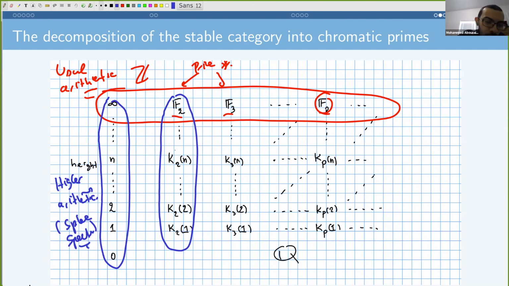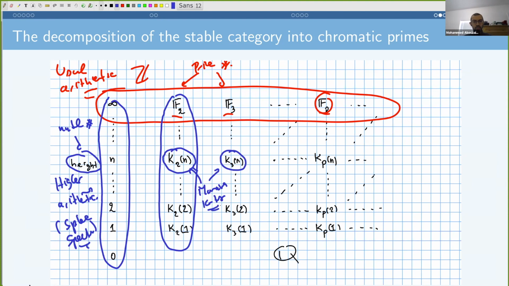And these finer primes are labeled by natural numbers called the height. This is a natural number. And there is one additional prime for each of these natural numbers, and those are called the Morava K-theories.